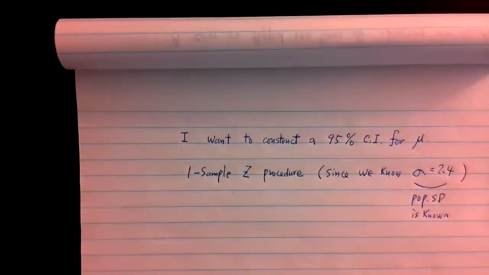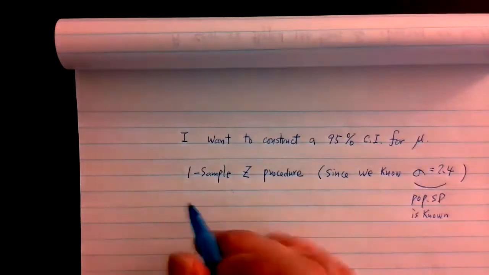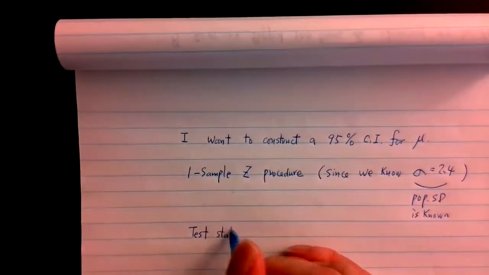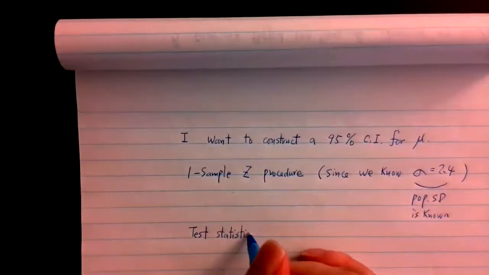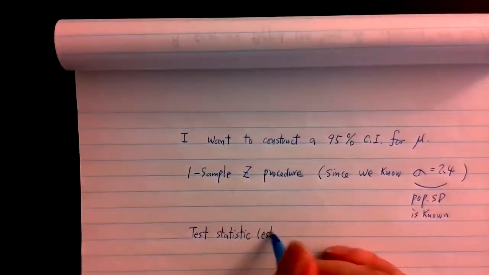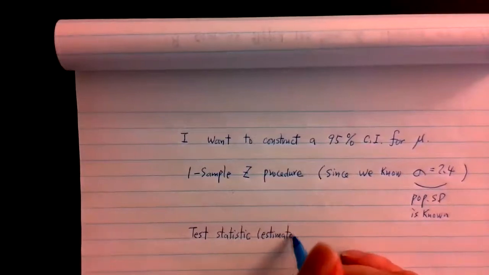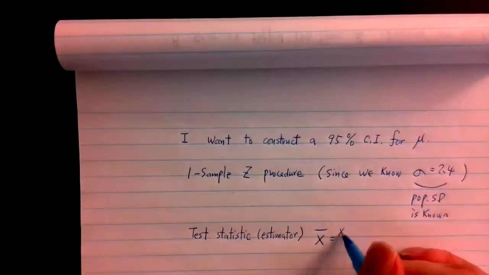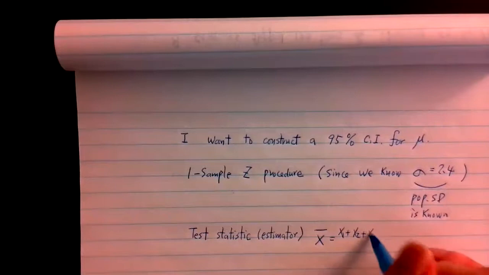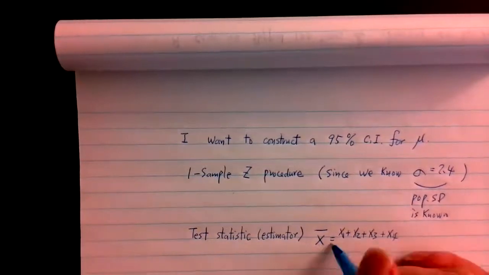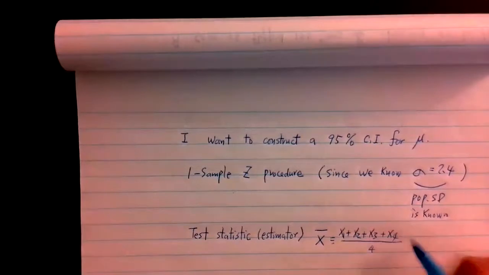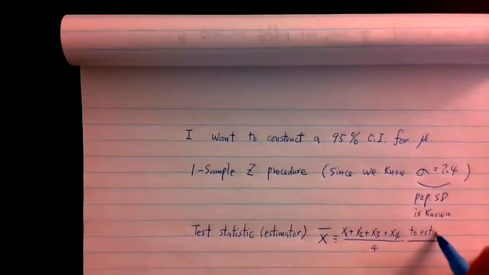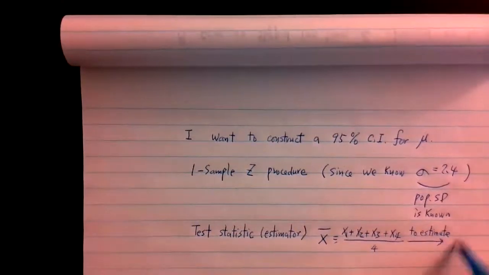So let's see a very brief calculation. The test statistic used, or you can say the estimator, is X bar. X bar is X1 plus X2 plus X3 plus X4 divided by 4. And we use X bar to estimate mu.